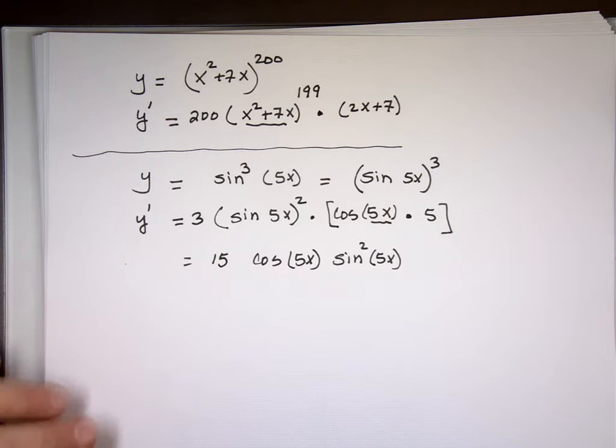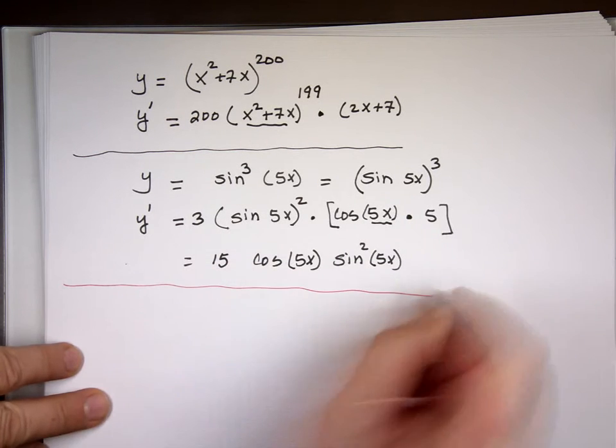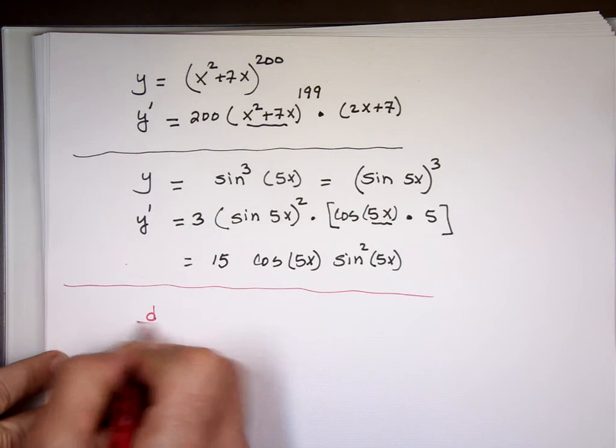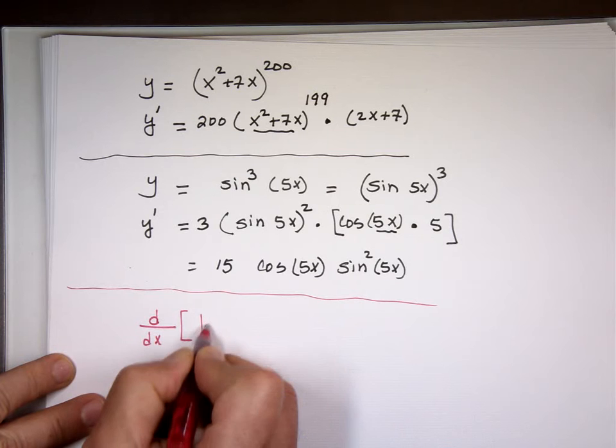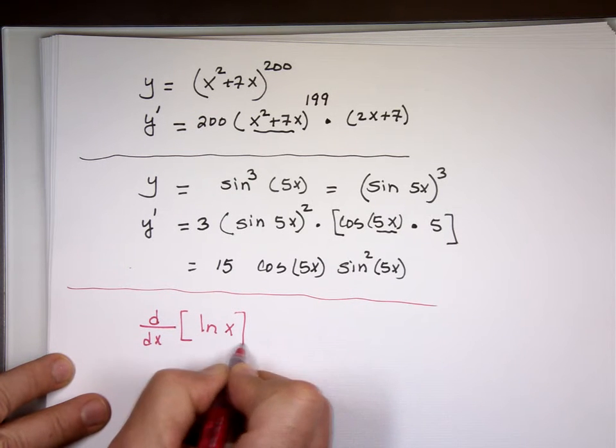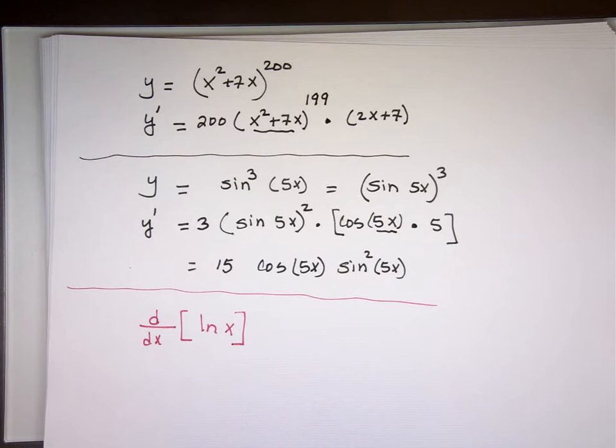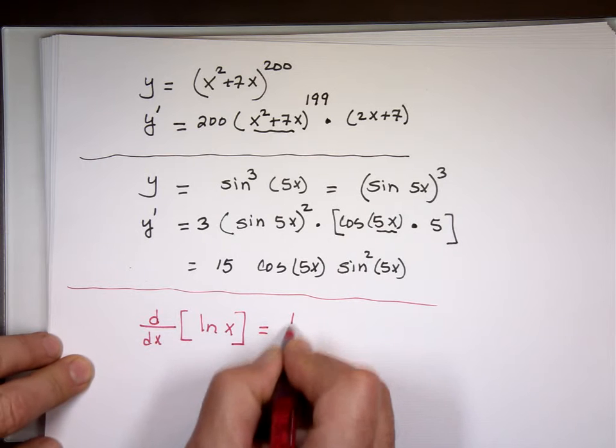Let's add a couple more properties here to the list. What is the derivative with respect to x of the natural log of x? If we go through the math and derive that using the 4-step process, you will end up with what? 1 over x.